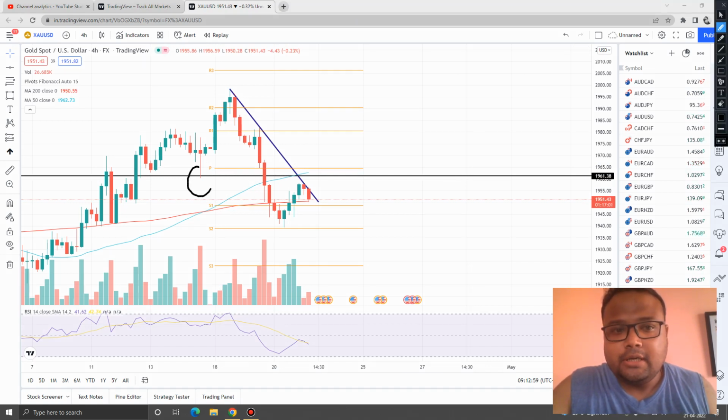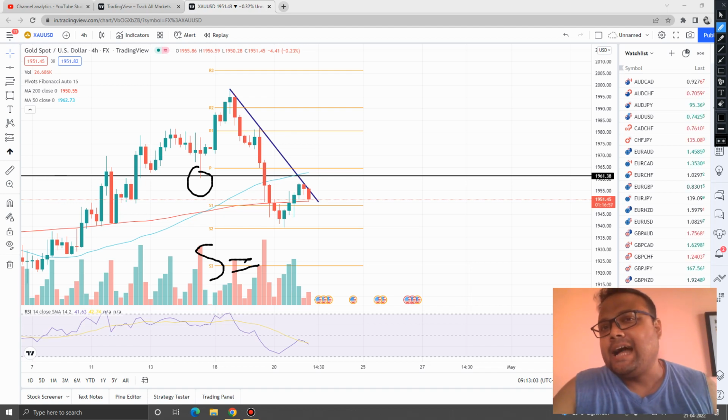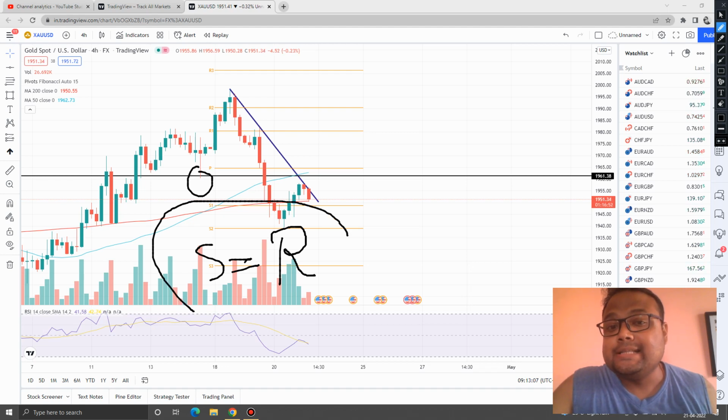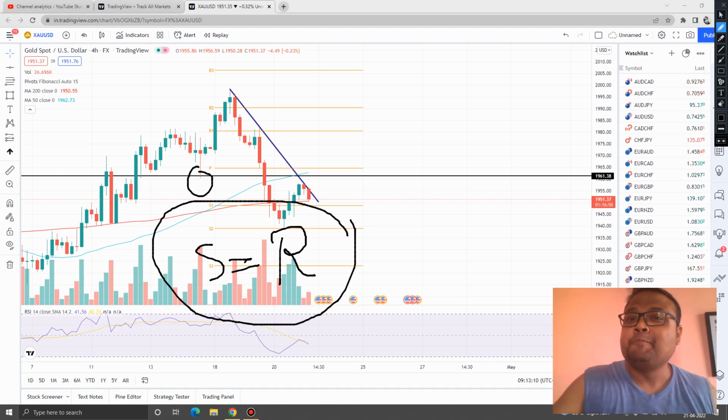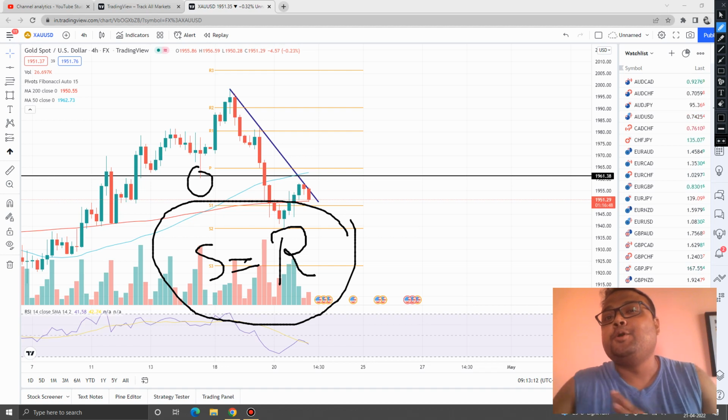So there is a high chance that this same level will act as the new resistance, and this is also the Fibonacci 38.2% retracement level, which gives us additional confirmation.